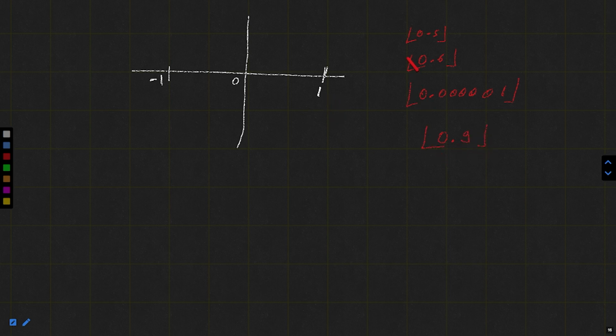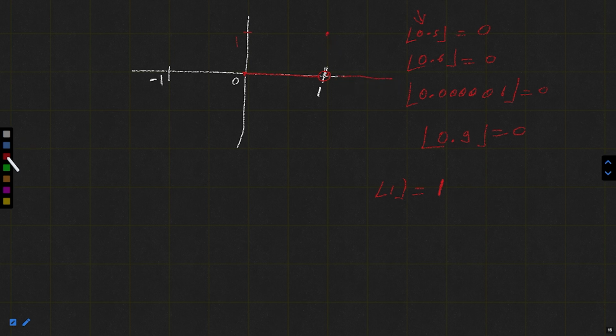Then my output will be 0, because the greatest integer less than 0.5 is 0. Whenever x is in this interval, my output will always be 0. But what about at 1? If the input is 1, I will get my output as 1. So at 1, the output jumps like this.